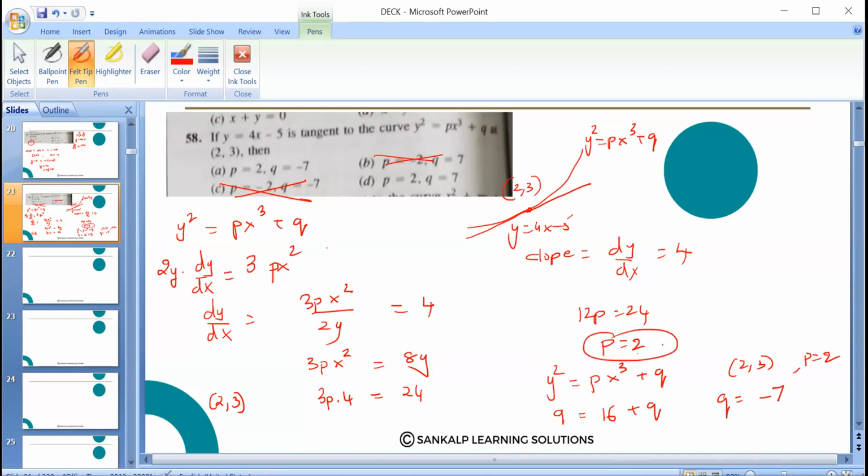P is 2, Q is minus 7. Option A is correct. Next is 59.